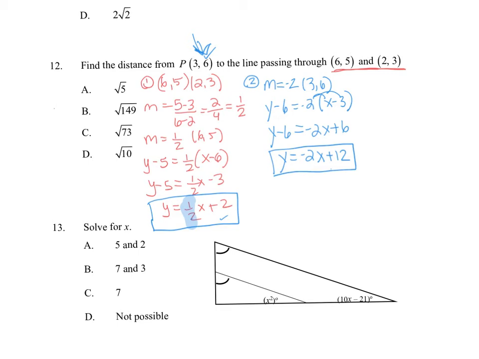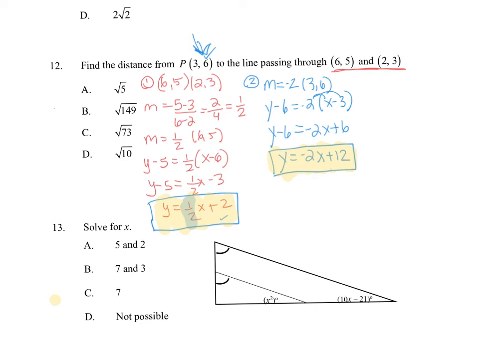For step 3, I want to find the point of intersection for the 2 lines. So I'm looking at this line here, y equals 1/2 x plus 2, and this line here, y equals -2x plus 12, and I want to find the point of intersection.